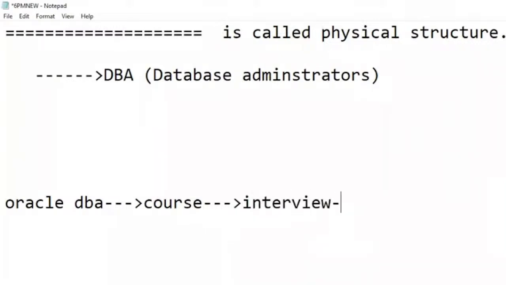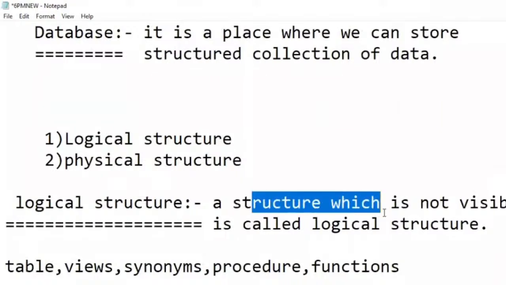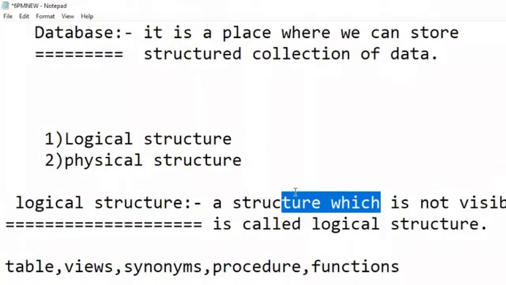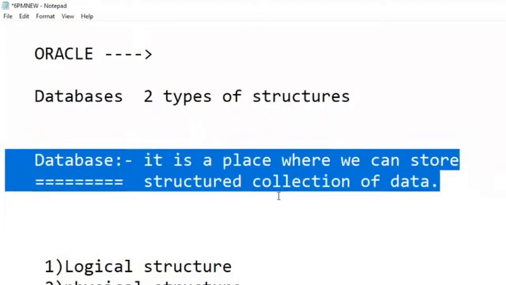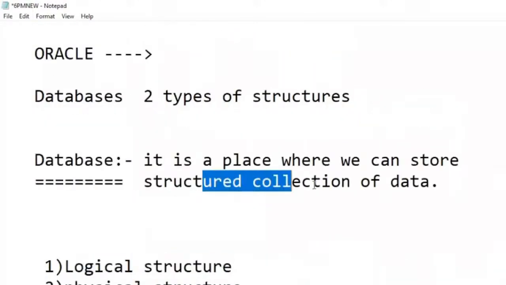Roughly, my interviewer asks, Murali, what is a database? If I answer with bookish knowledge, that it is a structured collection of interrelated data, a place that stores a structured collection of data, I will be immediately rejected. Why? Because this is a developer definition. Developers are good logically. That is a table, nothing but a structured collection of data.